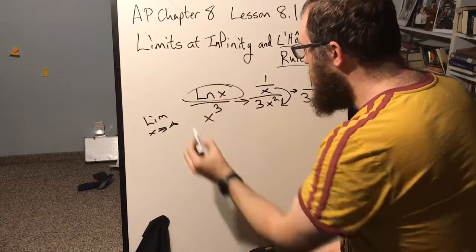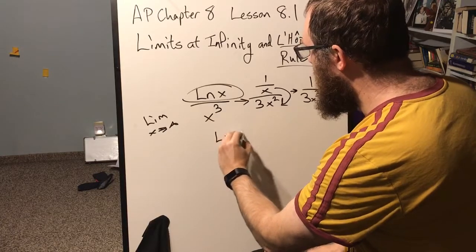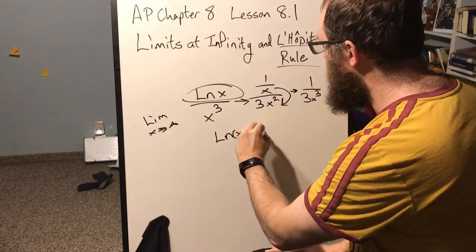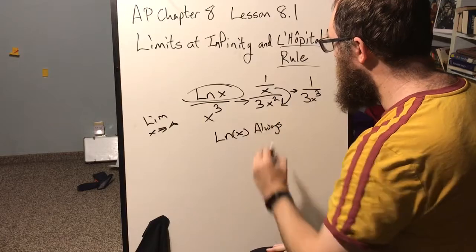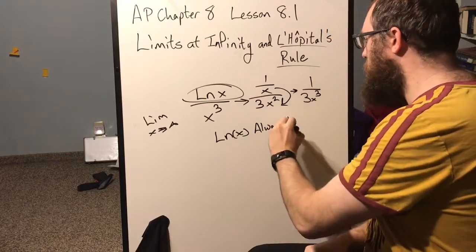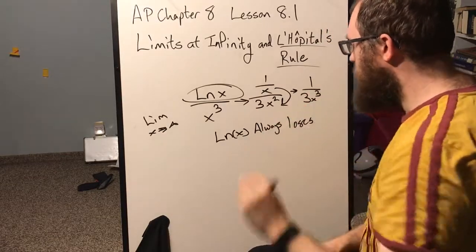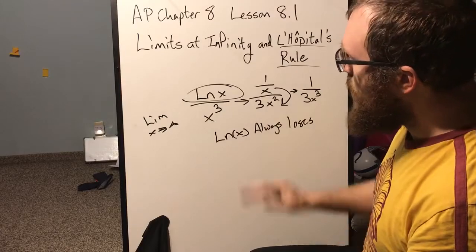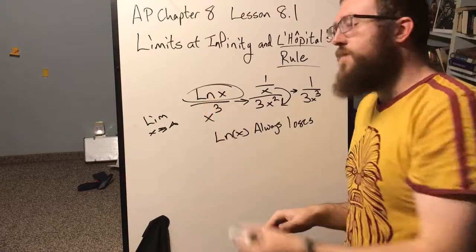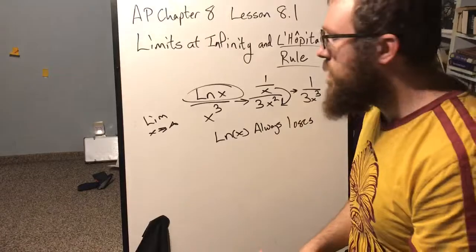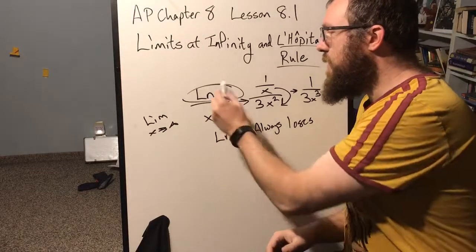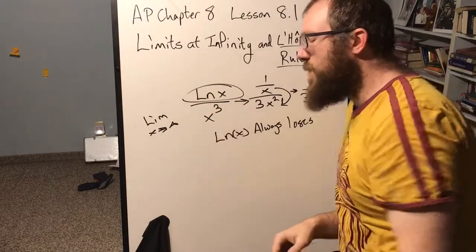So ln of x always loses. Whenever you see an ln in a problem, the other part is going to win. In this case, the ln's in the numerator, so the denominator wins.